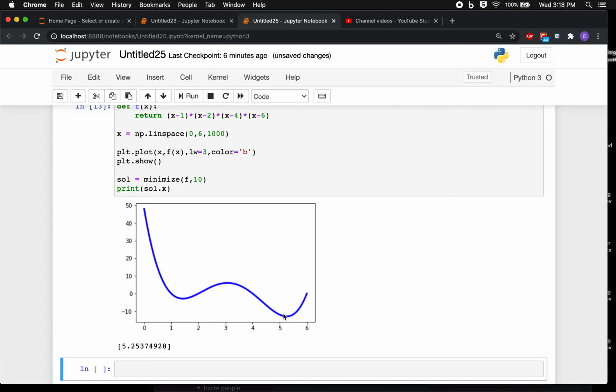Typically when you solve a function using a minimizer, if you know there are going to be lots of local minima and maybe only one global minimum, you have to play around with initial guesses, because your initial guess determines which solution you get. So hopefully that's clear.